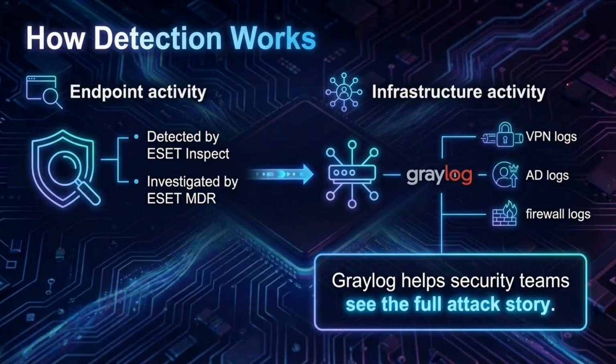Later on, if you go to Graylog, you can find those firewall logs, AD logs, and VPN logs to find out where they logged in from. And the AD can tell you when they started to try your account. So there's an integration to help you get more visibility.